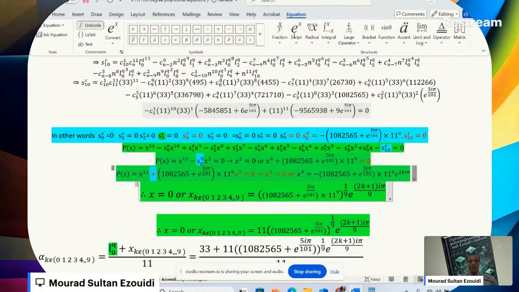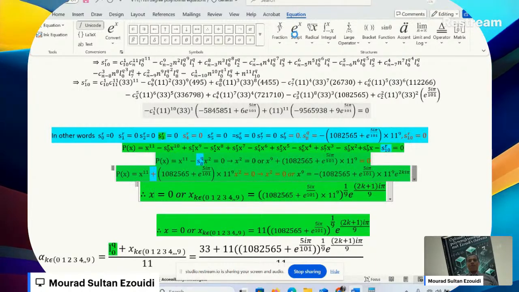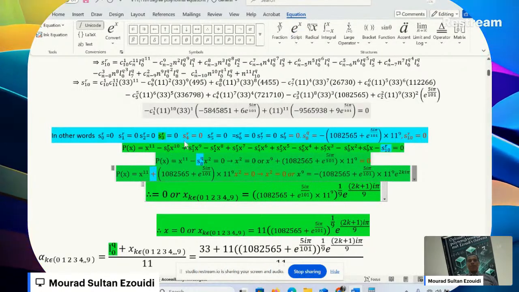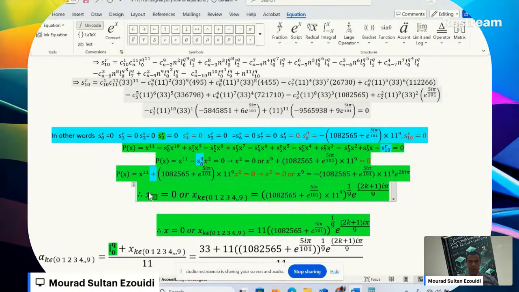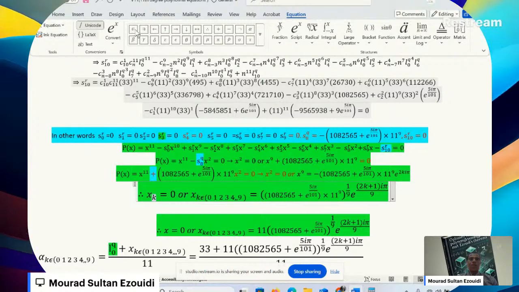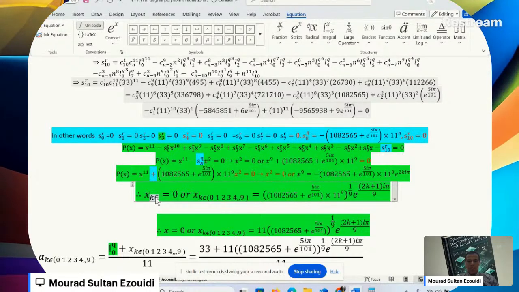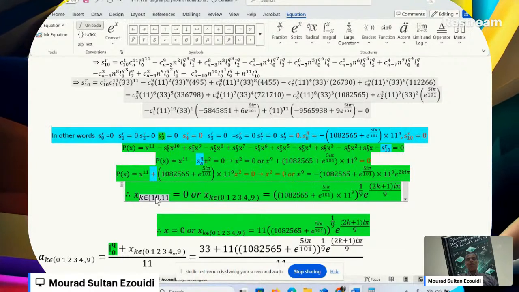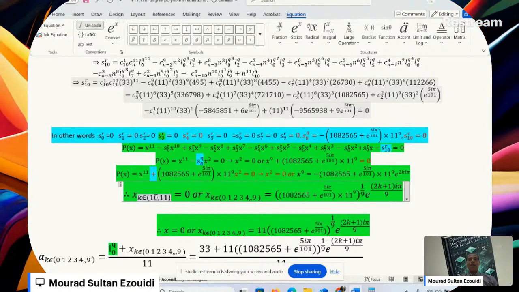We move to x subscript k in this one. x subscript k belongs to 10 and 11 because I'm looking for the 11th and the 10th root of this original 11 degree equation.